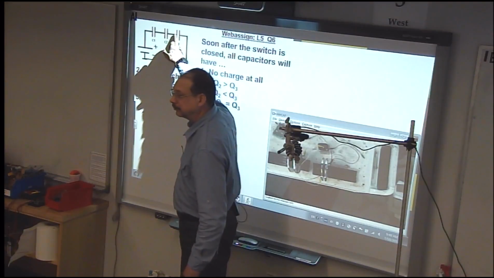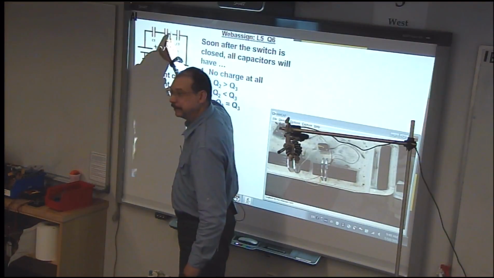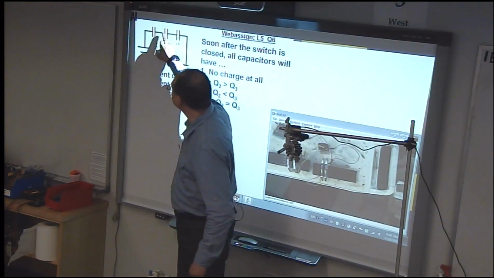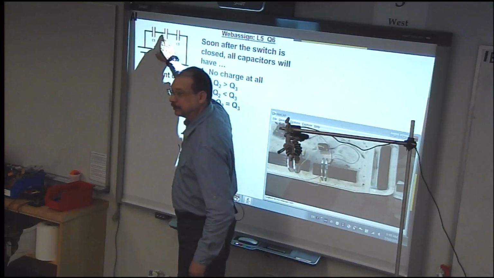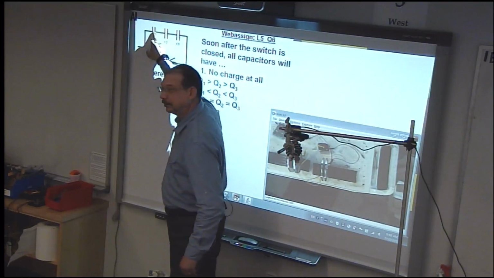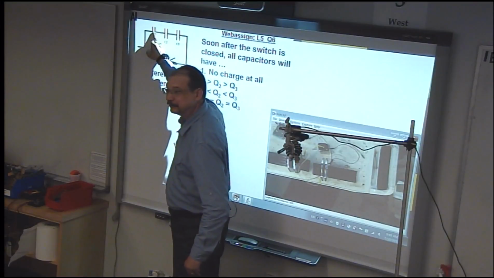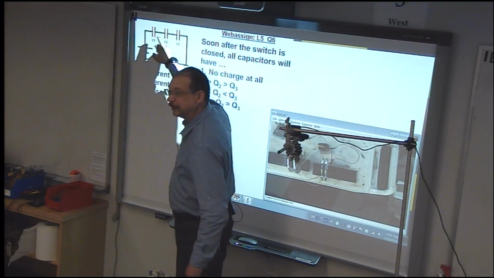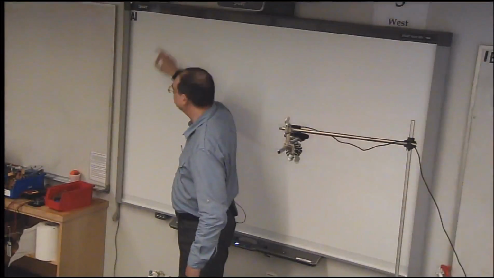So there's one electron which is being pulled away, and it comes here, and it starts repelling electrons on this side. So there will be one electron which moves over here, and this process is happening again and again.